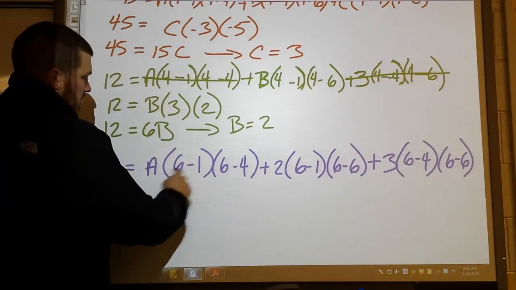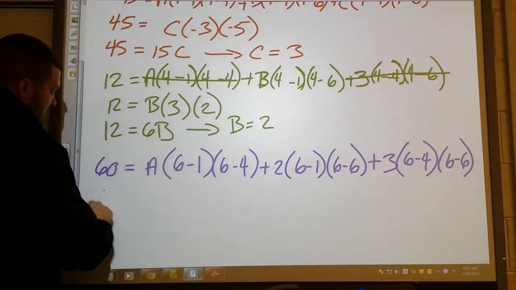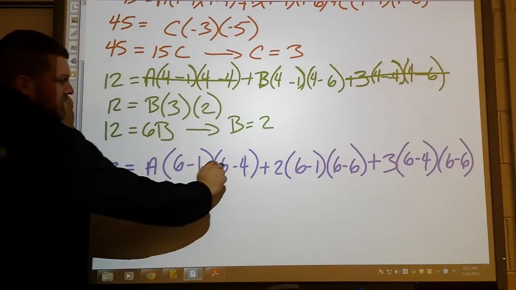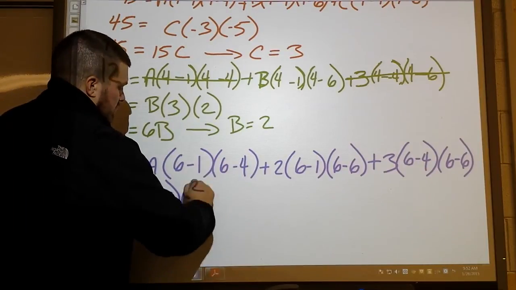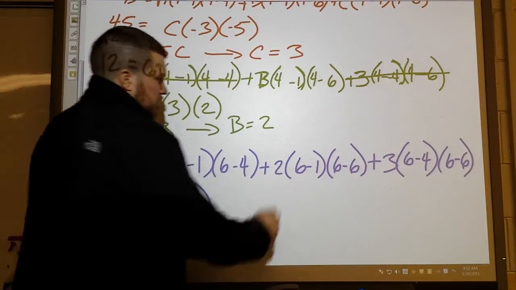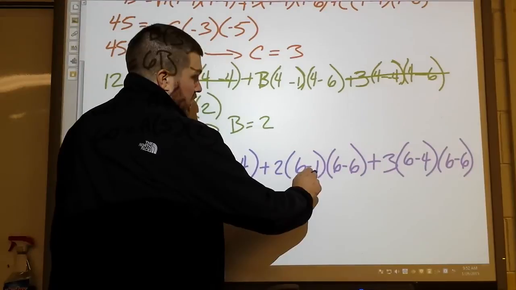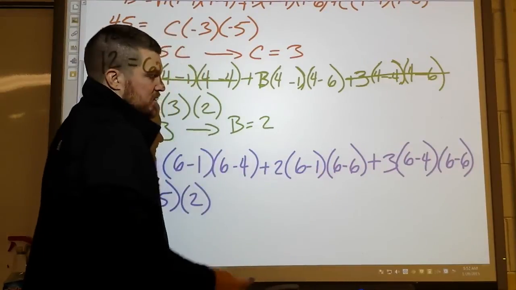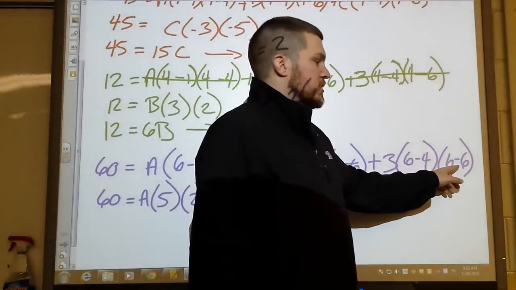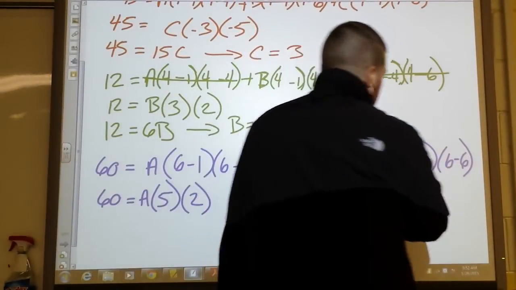So in my first term, 6 minus 1 is 5, so I have 60 is equal to a times 5. 6 minus 4 is positive 2. Okay? And then here, my second term, 6 minus 1 is 5, but 6 minus 6 is 0, so my second term cancels out. And same thing happens in my third term. 6 minus 6 is 0, so the third term cancels out.